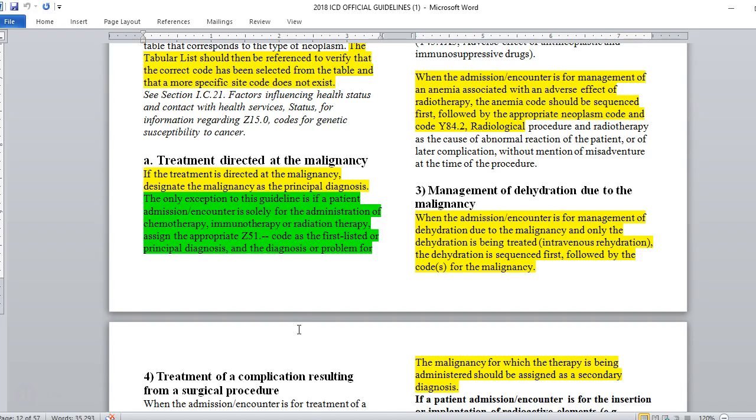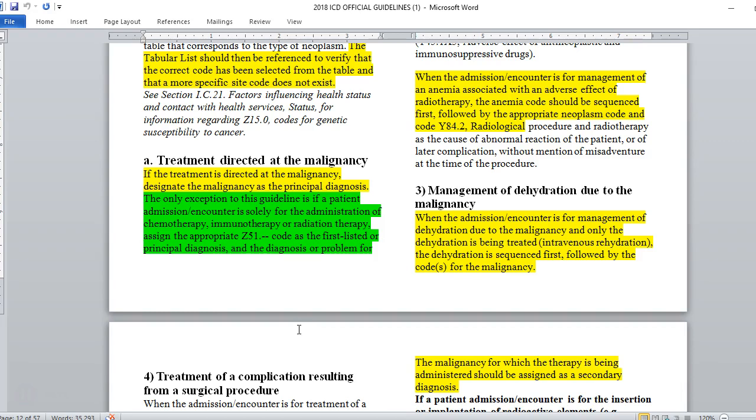So the first thing that we need to know is, what are we doing for the patient today? So if the treatment is directed at the malignancy, designate the malignancy as the principal diagnosis, okay? So again, if the patient's going to meet with the doctor in the office, the main reason for that is the cancer. So that's going to go first.